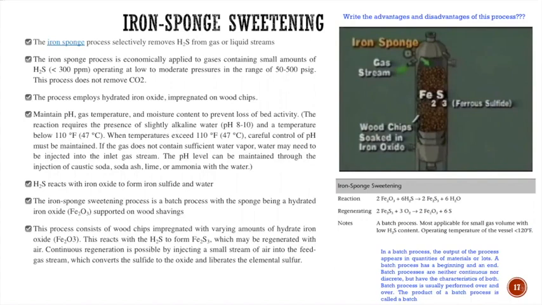Now this absorption process is also of two types: one is physical absorption and one is chemical absorption. In physical absorption, as we have seen in dehydration, you have a column in which the glycol is coming, and from down your gas is coming.